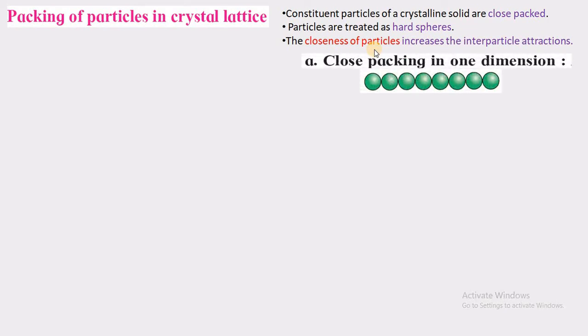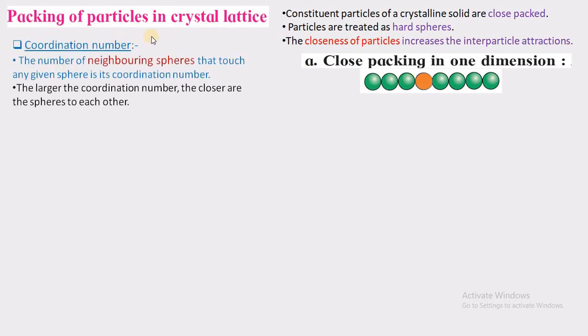Now if we see close packing in one dimension, the atoms are considered as spheres, and in one dimension the spheres align horizontally to each other and form a structure like this. If we consider this particle which is red in color, it has two adjacent or neighboring particles.